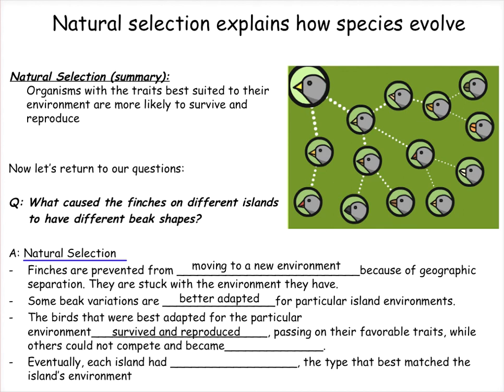In the meantime, the other finches on the islands that do not have beak shapes that are adaptive will not be able to compete, and they will become extinct. So that after many generations, each island will only have one type of finch, and that finch should be the type that best matches the island's environment.